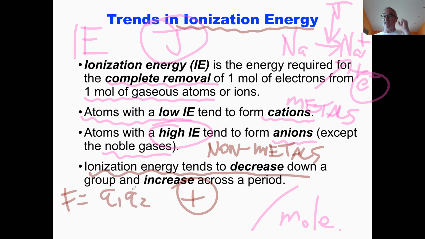Q1 and Q2 being the charges, the negative charge and the positive charge. So the bigger the charges are, the more force there is holding them together. And let me move this for a sec. The further apart they are, the less that force is. This is known as Coulomb's law.